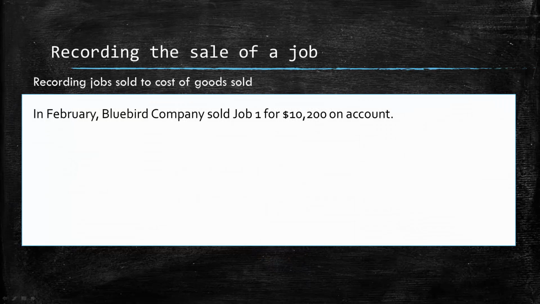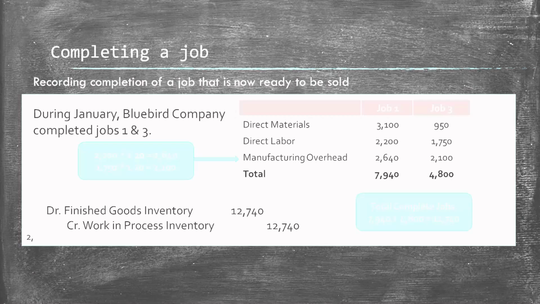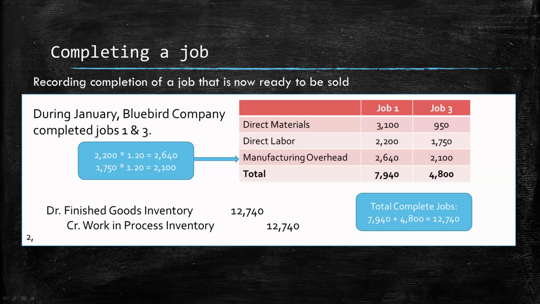Lastly, we can look at the sale of a job. So it tells us in February, Bluebird Company sold job number 1 for $10,200 on account. And so in order to do our journal entry, we need to look and see what was the original cost for job 1. So again, if we flash back, we can see when we added up our costs that my total cost just for job 1 was $7,940.